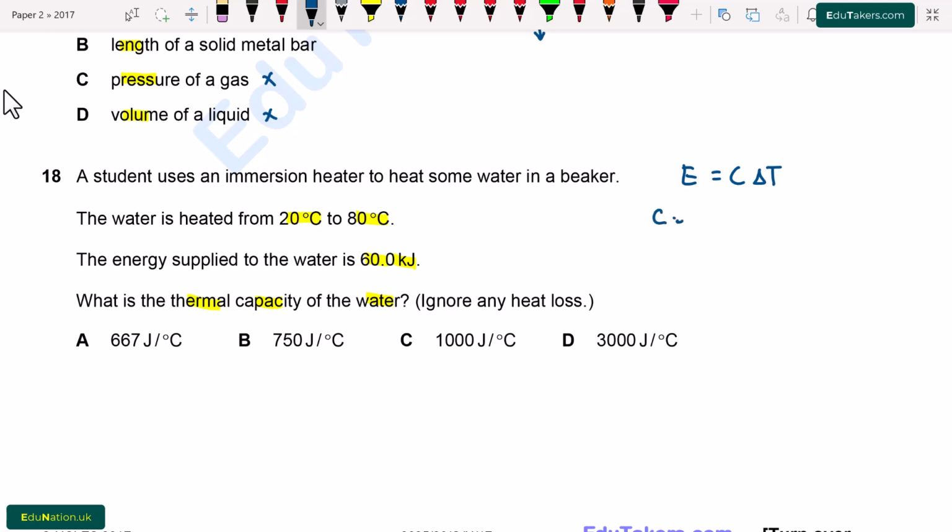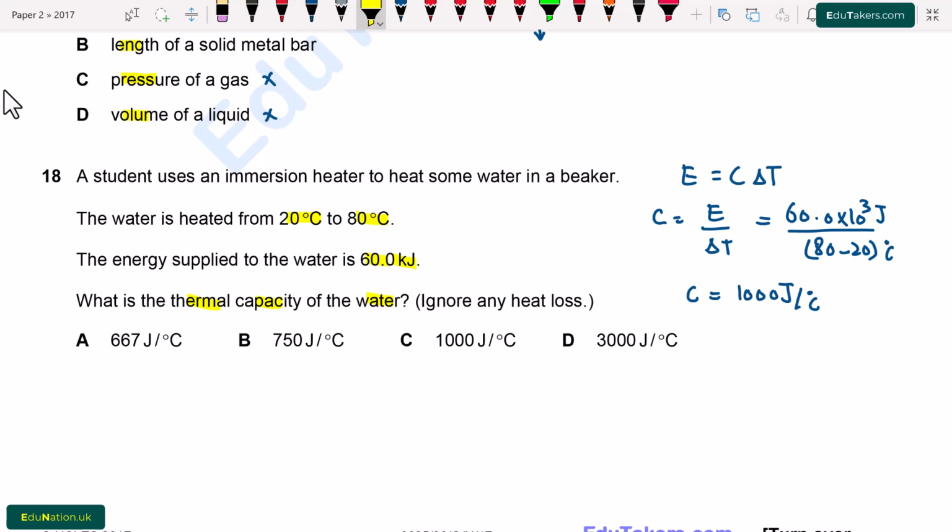So C will be equal to E over delta T. Here heat is given as 60.0 kilojoule. So I write here 60.0 multiplied by 10 to the power 3 joule divided by change in temperature. It will be 80 minus 20 degrees C. So C will be equal to 1000 joule per degree C. Now we see the options.